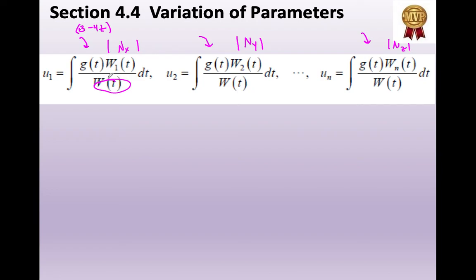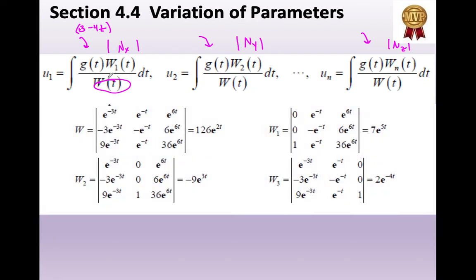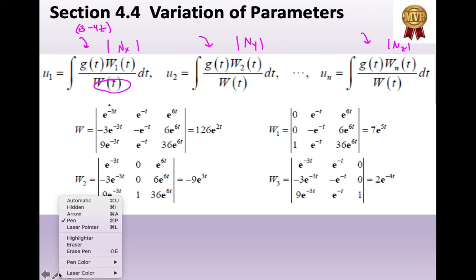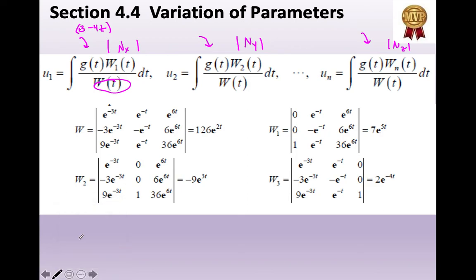And this is the actual Wronskian. So I just copy and pasted this one. Right, and there you see the actual Wronskian, where you have to multiply the mini determinants by e to the -3t, e to the -t, and e to the 6t.